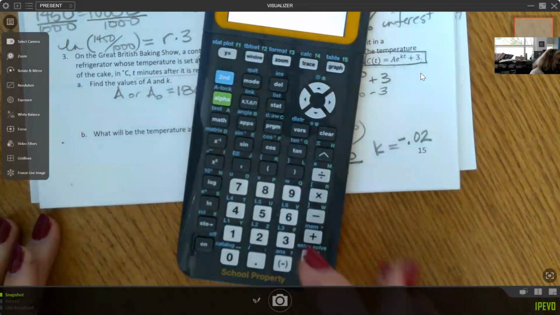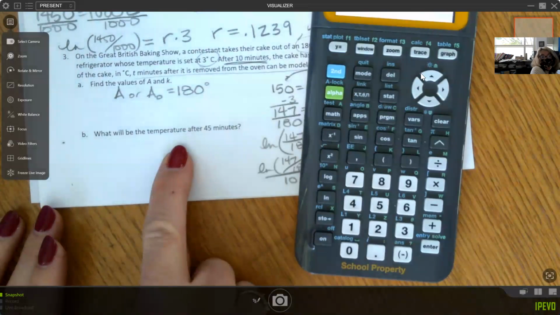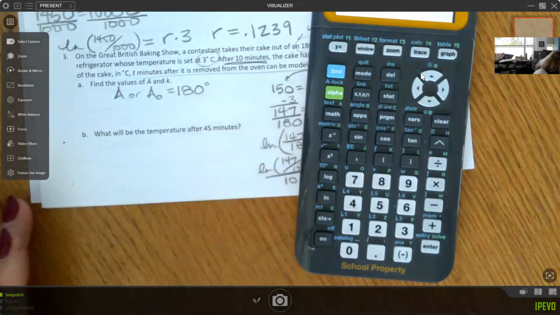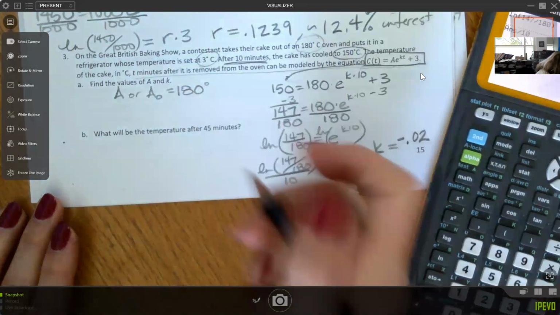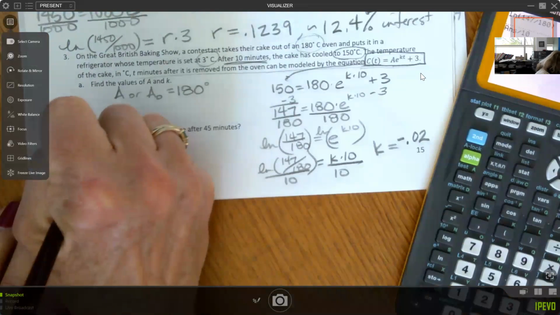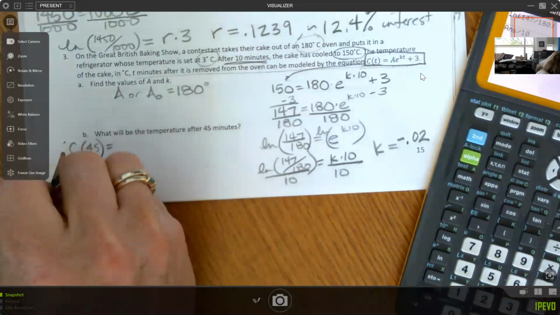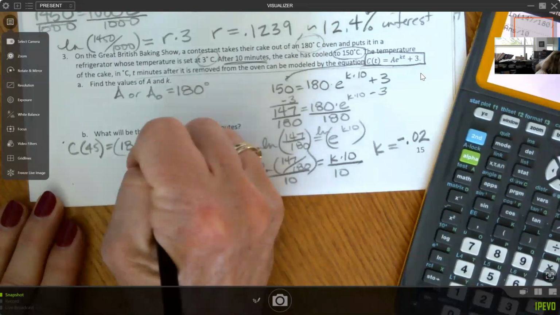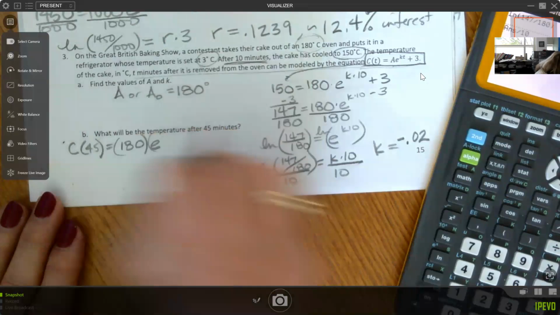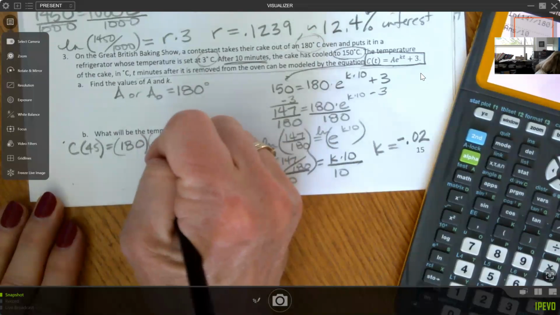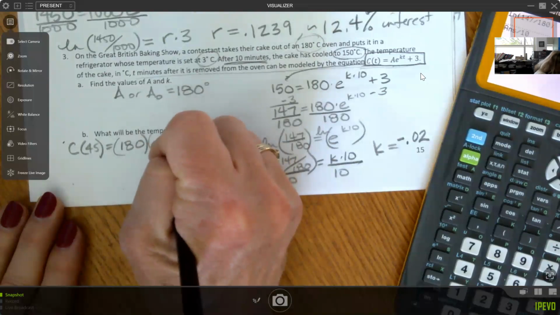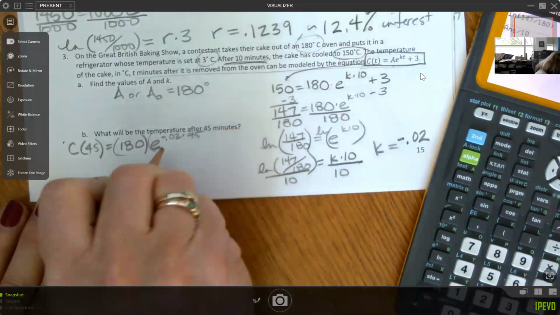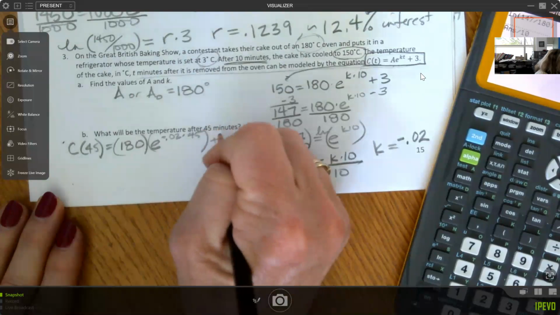Okay, so I've got that stored because now I want to figure out the temperature of the cake after 45 minutes. So what's the temperature after 45 minutes? It's going to be that initial 180 times e raised to this K value, which is about negative 0.02 times 45, plus 3.